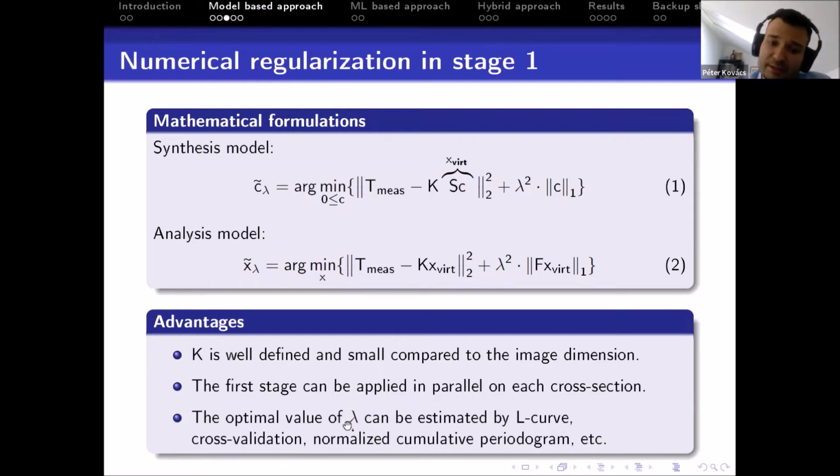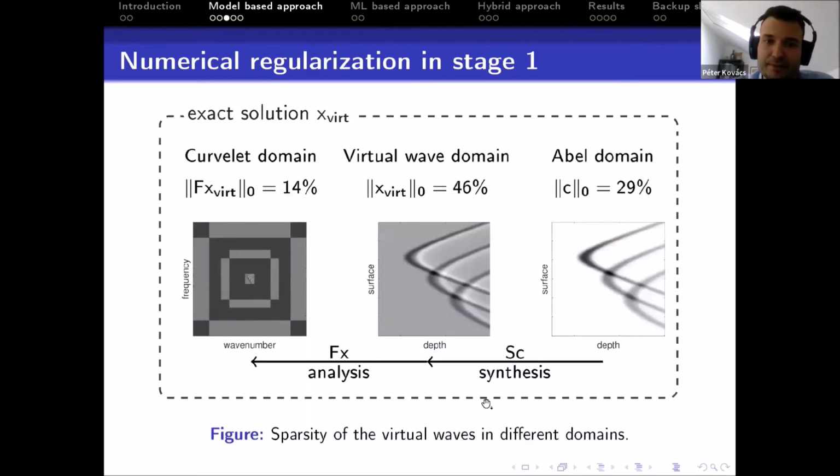But for determining it, we can use some automatic built-in methods: the L-curve method, cross-validation, and the normalized cumulative periodogram, which can be calculated easily due to the smaller size of the K matrix.